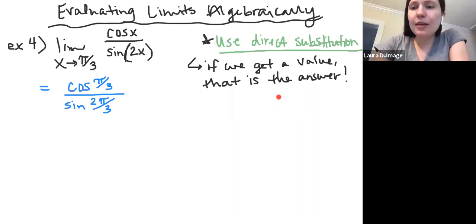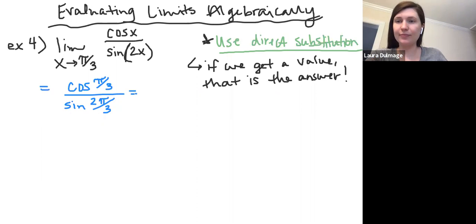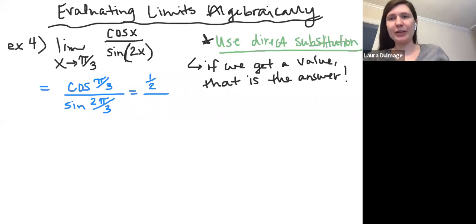Okay. The cosine of pi over 3, who has what that is? 1/2. 1/2. How about the sine of 2 pi over 3?